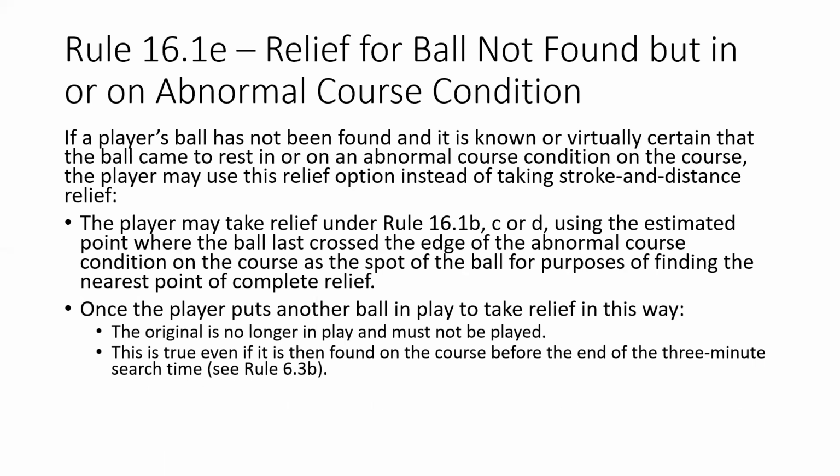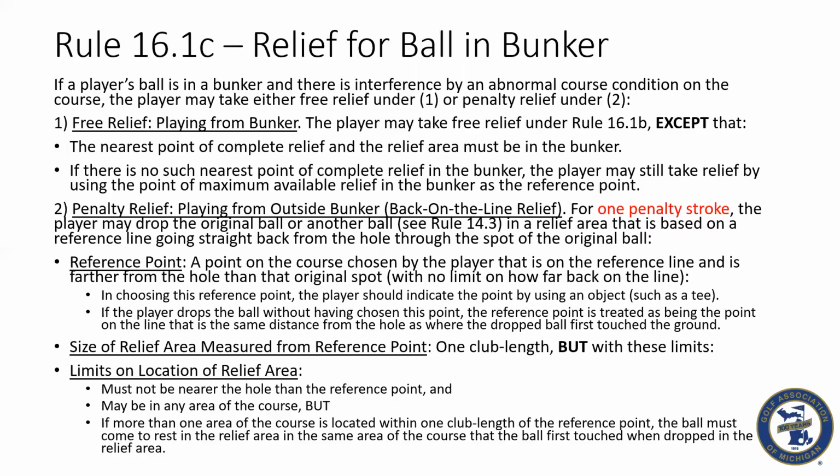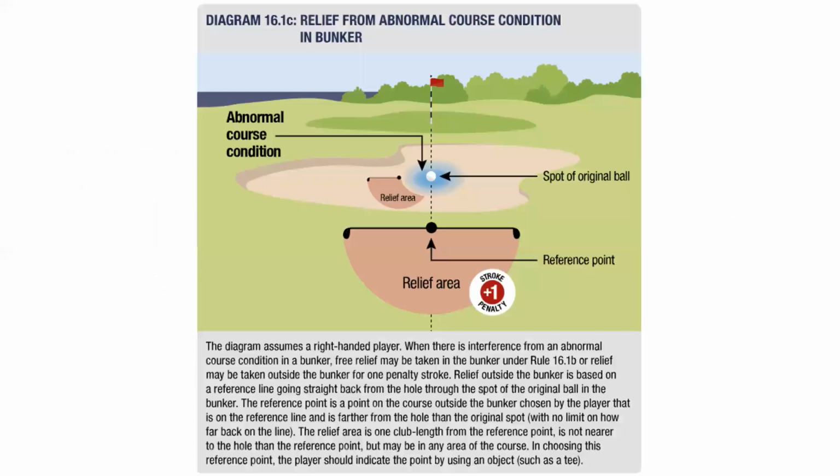Well, let's just go back to this picture here. Let's just say, for example, that this was a 3-foot sinkhole or something like that in the middle of the bunker. And we saw the ball go in there. In that case, we would go where it last crossed. So if people could see, wherever the edge is right here, that would be our point where we're then going to determine our nearest point of complete relief.